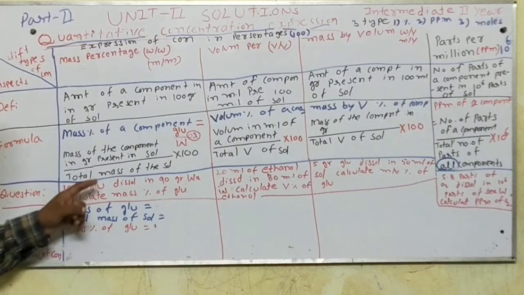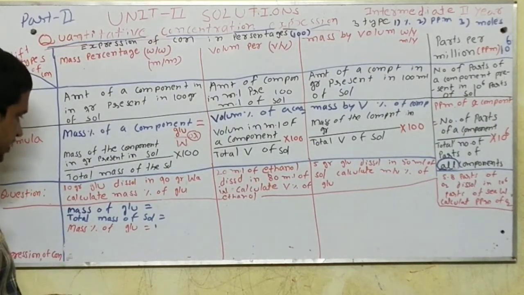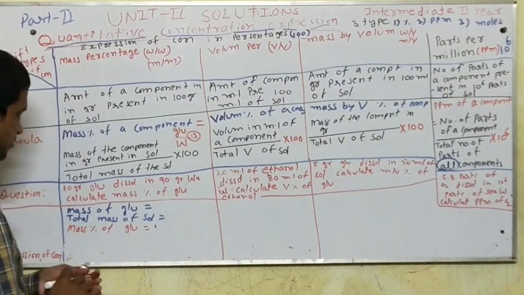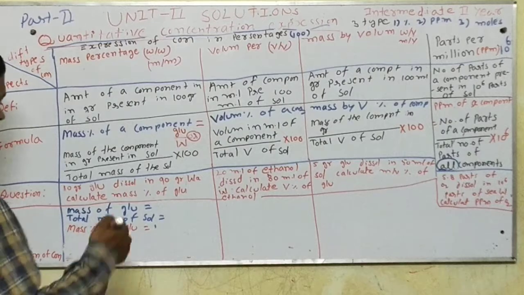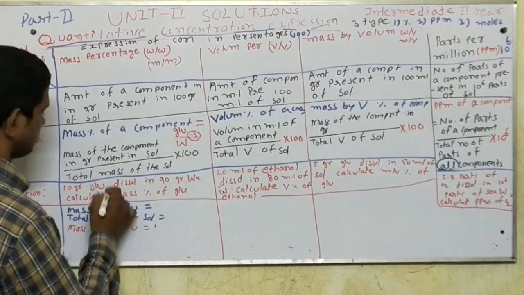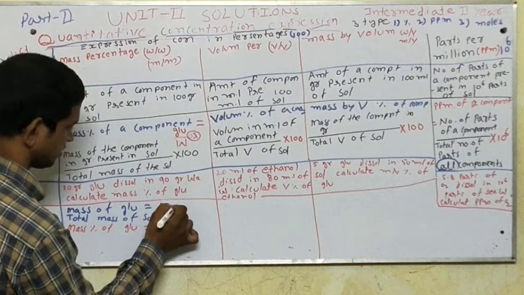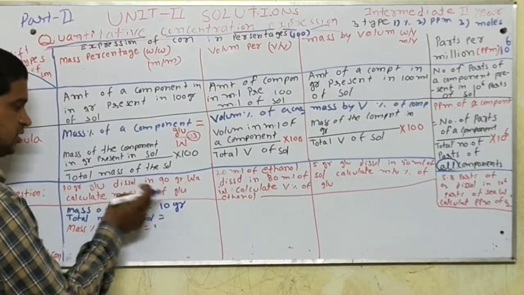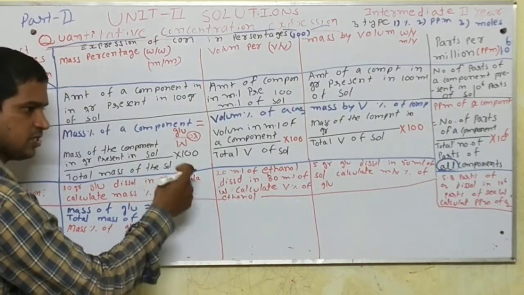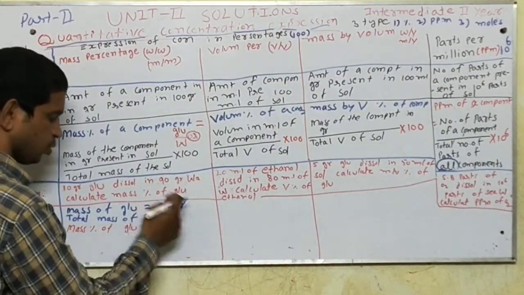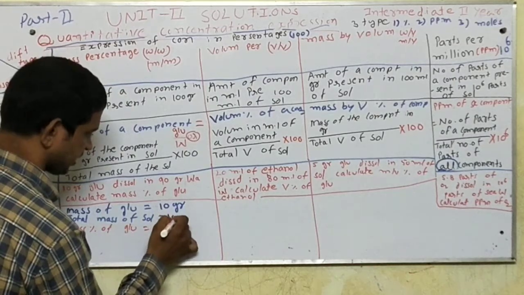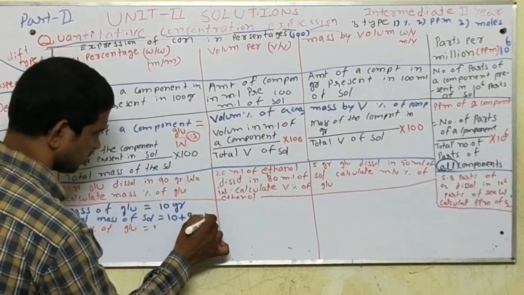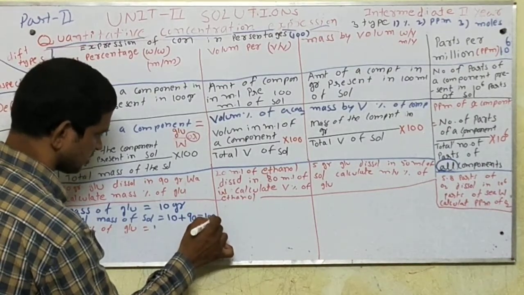First we solve this problem. In the question, it was given that 10 grams of glucose is dissolved in 90 grams of water. So mass of glucose is 10 grams, and total mass of the solution means mass of water plus mass of glucose, that is 10 plus 90 equals 100 grams.